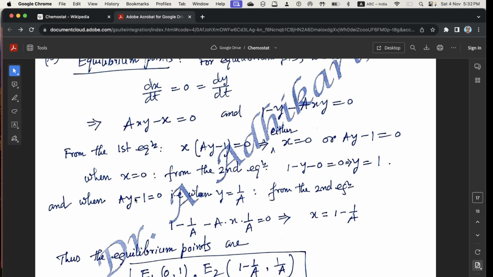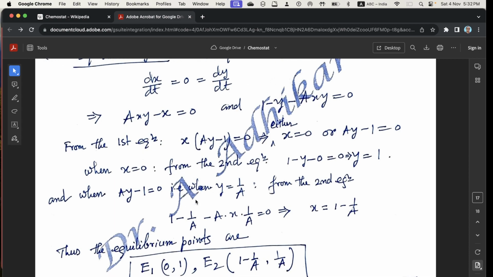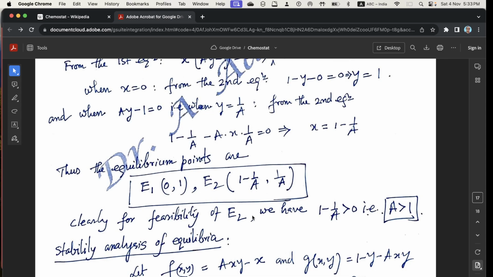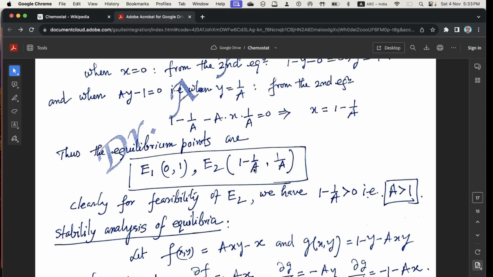And when ay minus 1 equal to 0, that is y equal to 1 by a, from the second equation, x equal to 1 minus 1 by a. Thus, we have two equilibrium points, E1 equal to (0, 1), and E2 equal to (1 minus 1 by a, 1 by a). And for feasibility of E2, we must have 1 minus 1 by a positive, so a is greater than 1.